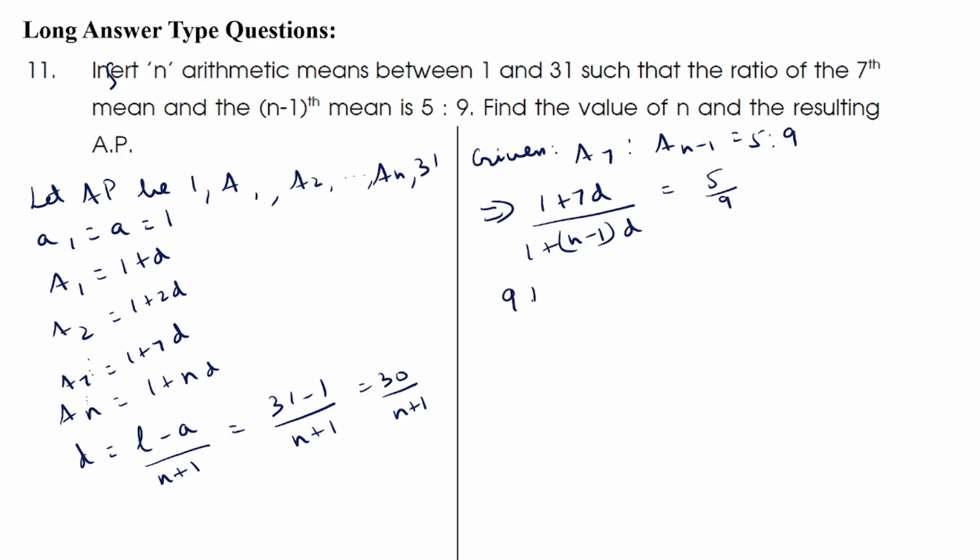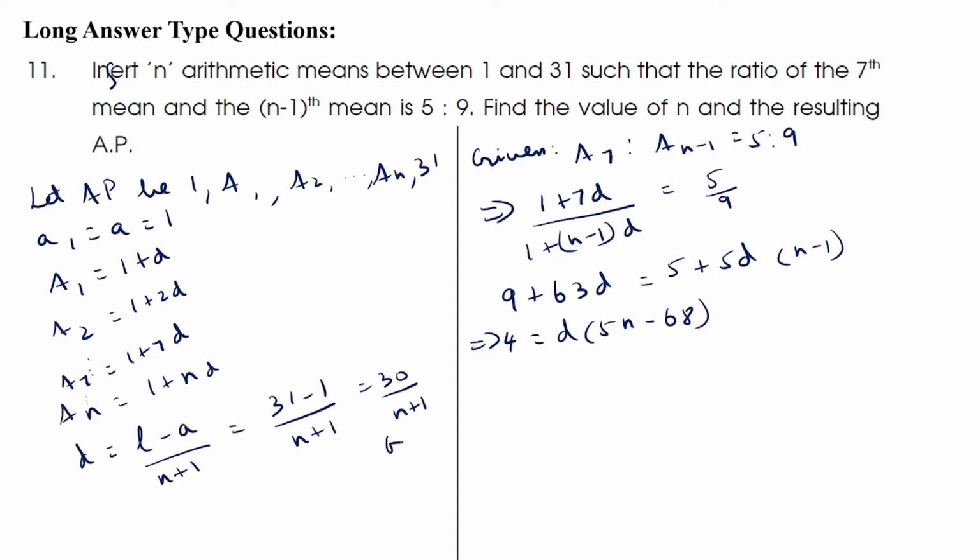So we have 9 plus 63d is equal to 5 plus 5d into (n minus 1). So from here we get 4 is equal to d into (5n minus 68).